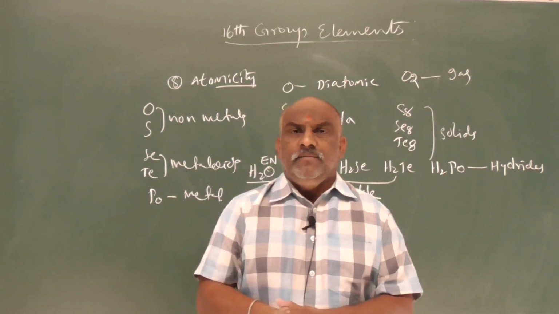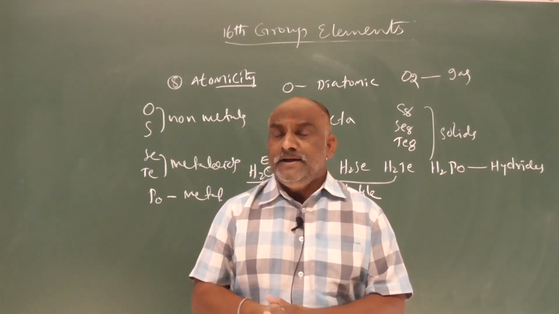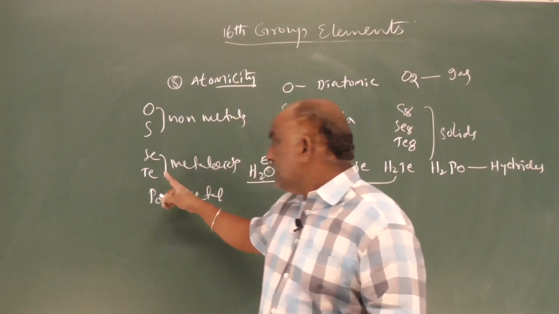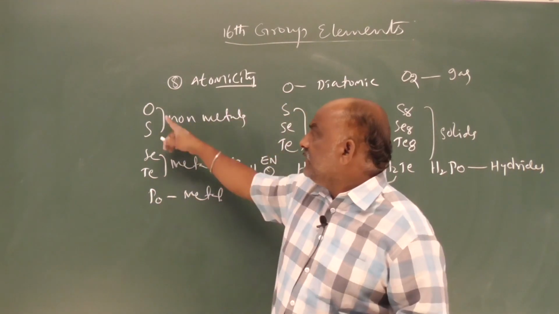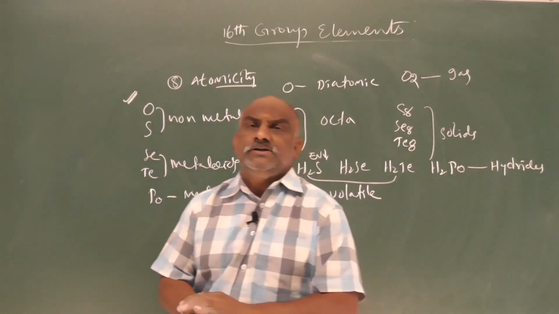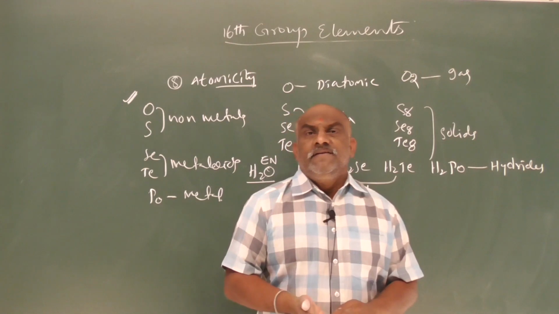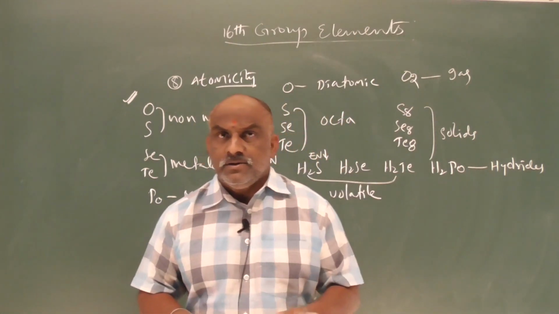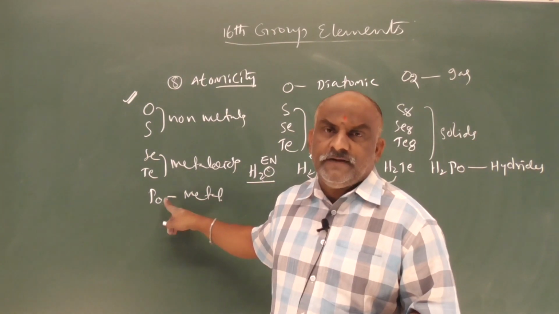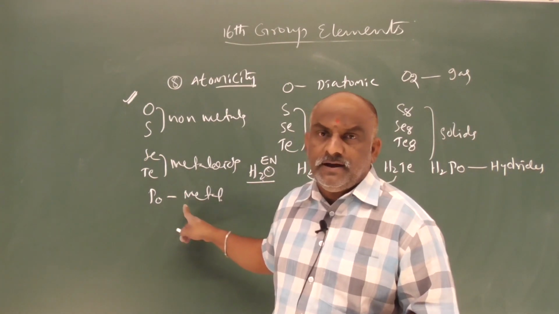IP decreases, metallic character increases. Electronegativity decreases, metallic character increases. So make a note, this point is very, very important, my dear students: oxygen and sulfur are non-metals, selenium and tellurium are metalloids, and polonium is the only metal, a radioactive metal.